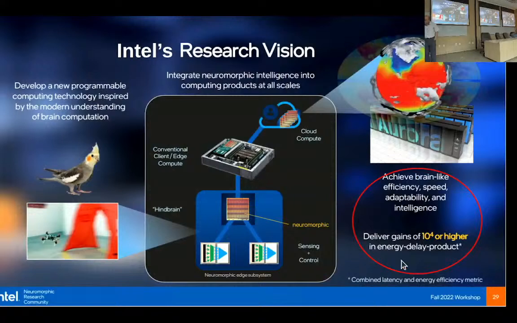The goal, again, is to achieve brain-like efficiency. Part of the goal always revolves around energy usage, and Intel's desire is to achieve competitive computations with orders of magnitude lower energy budgets.